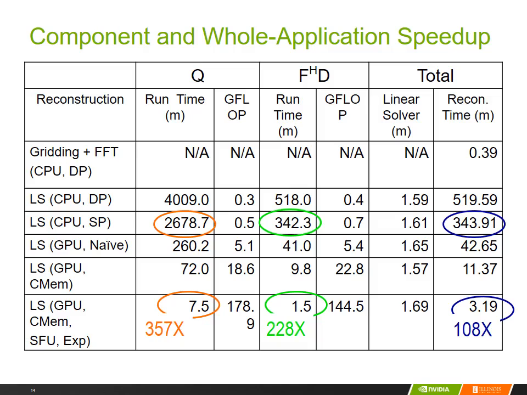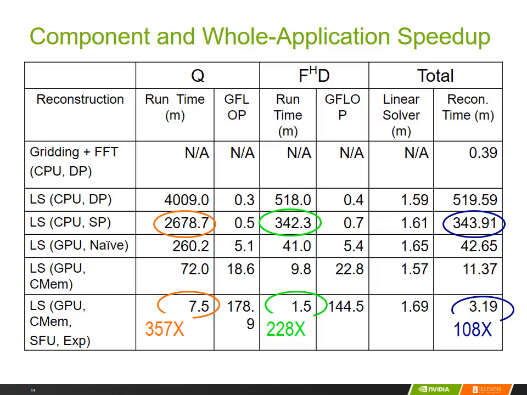So this drastically improved the FHD computation by 228 times. It's the combination of the parallel execution and also the special function units that are reducing the execution time in such a dramatic manner. Of course, the constant memory, constant caching, is also contributing to the improvement.